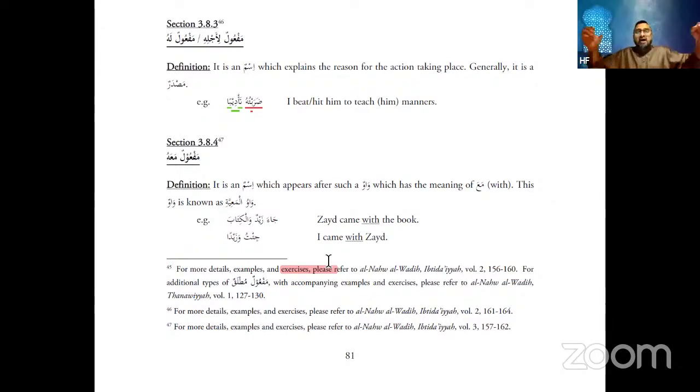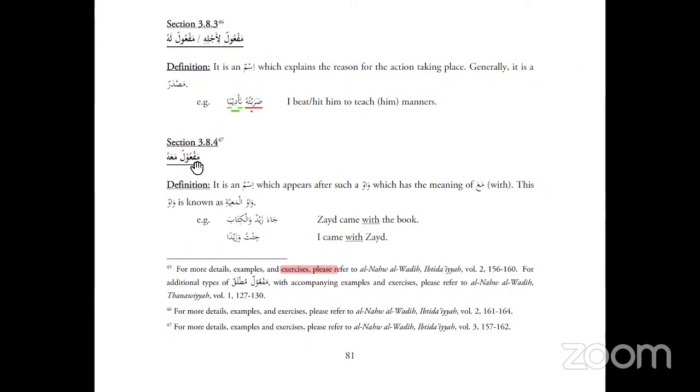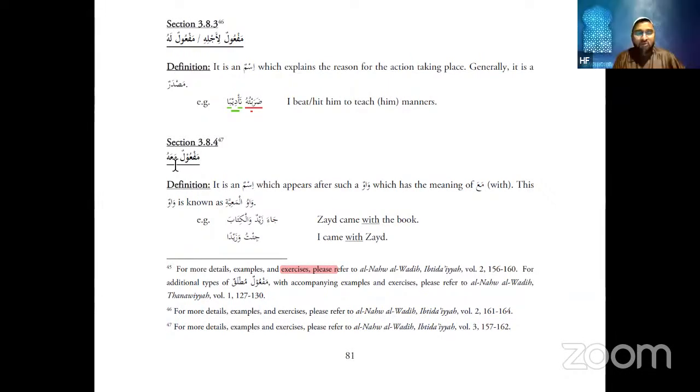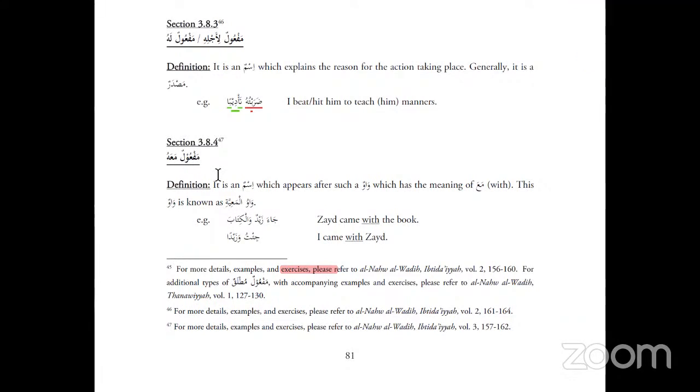So this is a relationship of the verb and the object together, meaning that when one comes, the other comes together as well. So that's the reason why they are called maf'ul ma'ahu. Maf'ul ma'ahu means the object which comes with the doer itself. That's quite easy to understand.